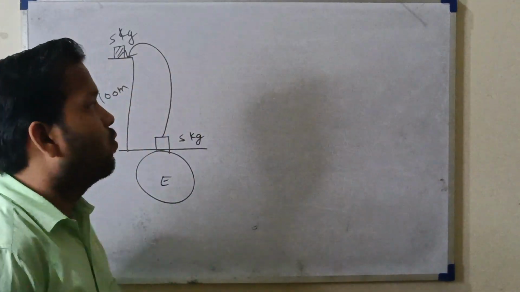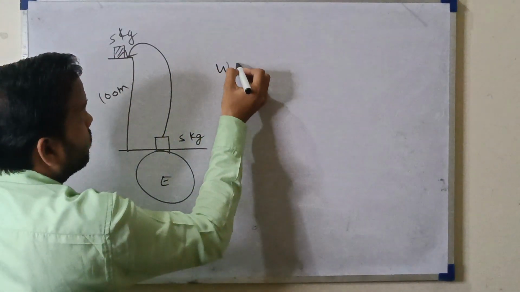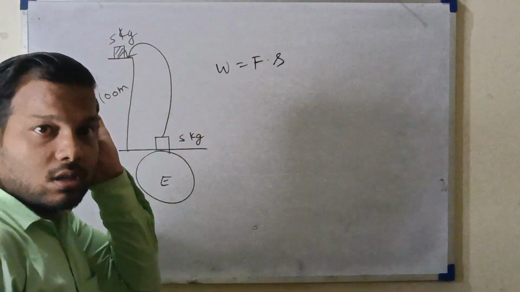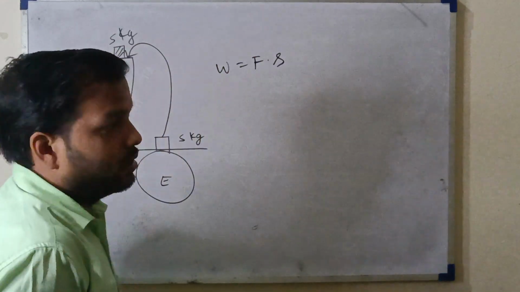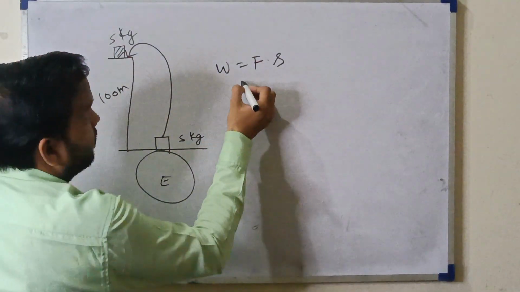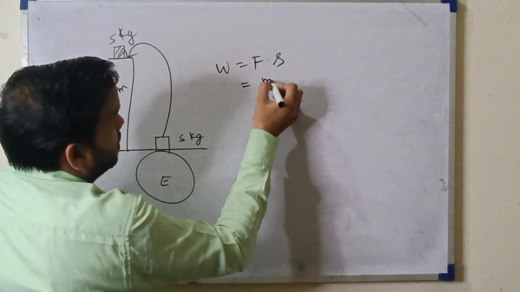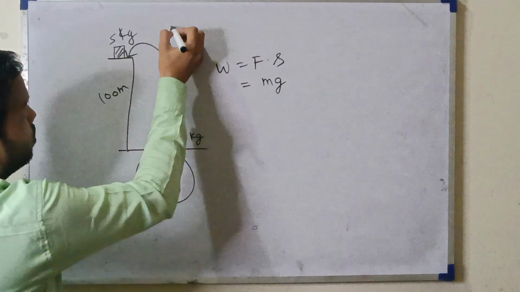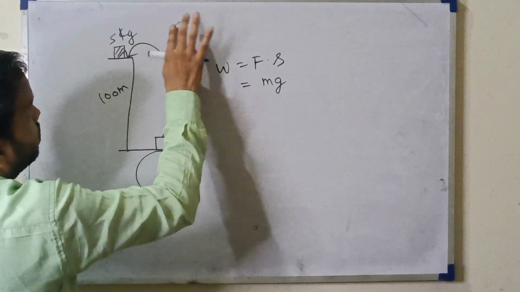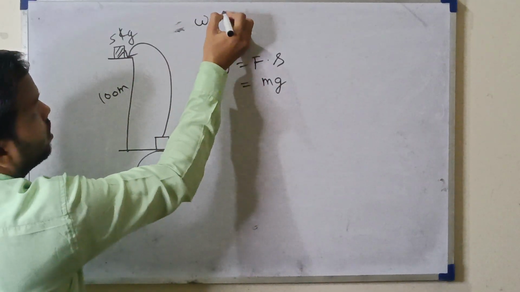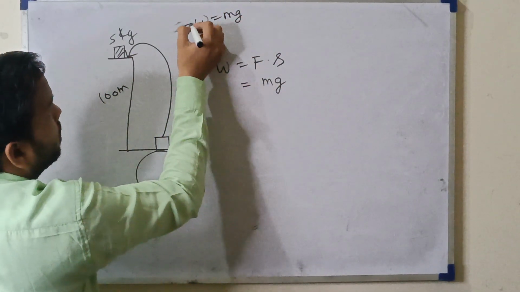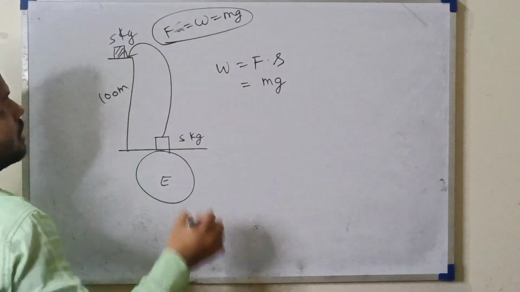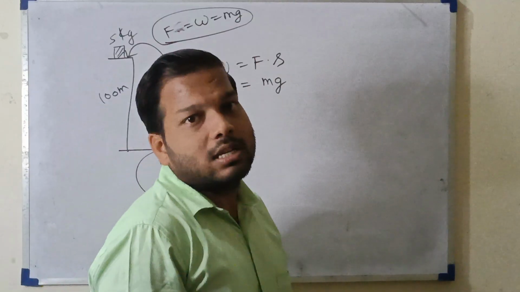How much work? Force into displacement. In this case, the value of force will be equal to mg, mass into acceleration due to gravity. Although you know very well, W is equal to mg, or you can say F is equal to mg, which you must have seen in class 9th.